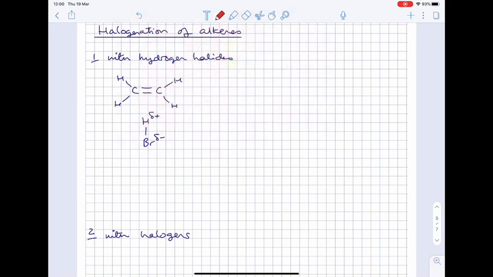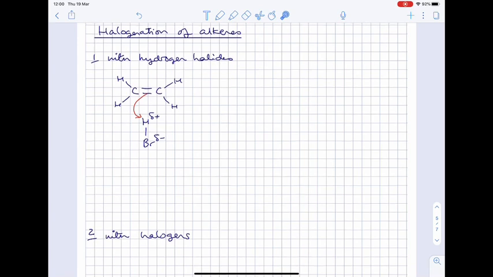So the negatively charged electrons in the pi bond will be attracted, will move to a space between one of the carbons and this hydrogen. So it will no longer be in the space between the two carbons.